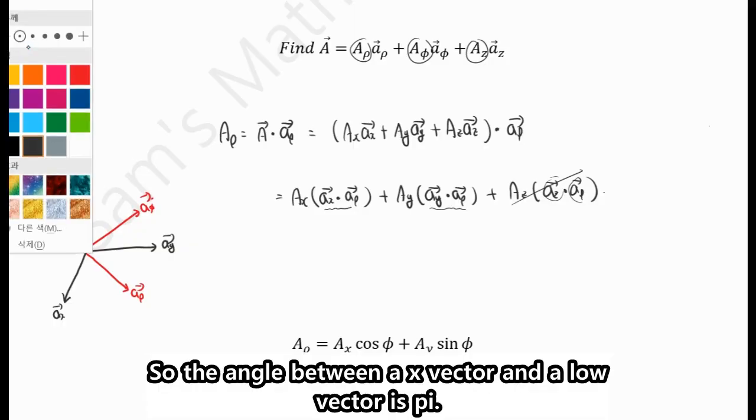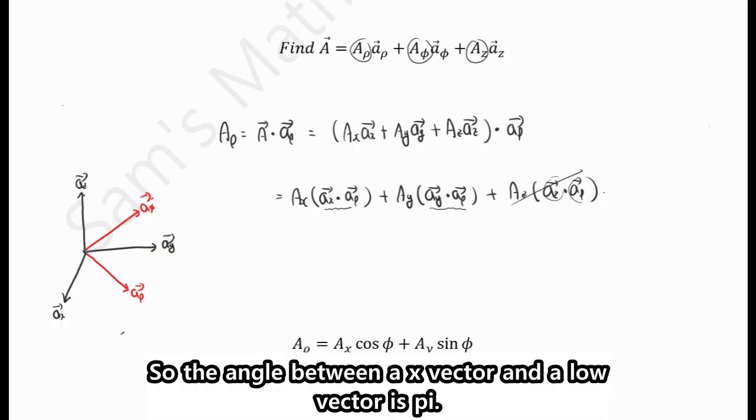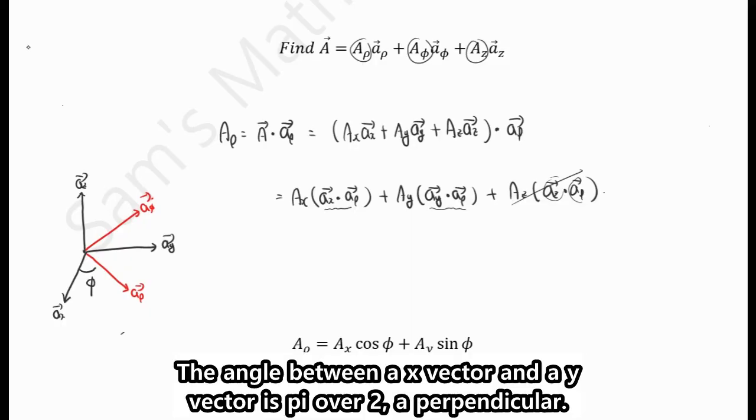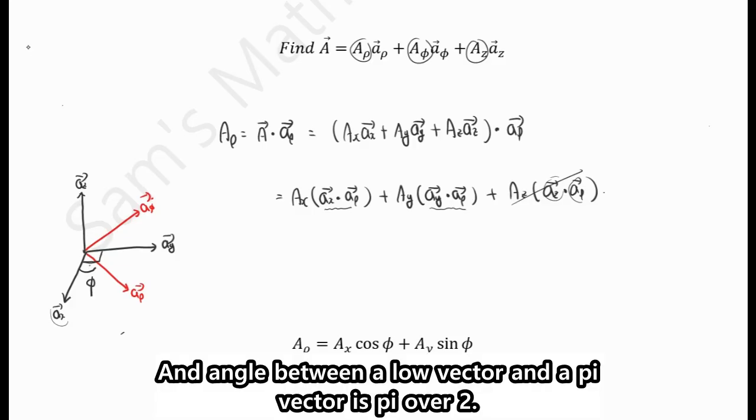The angle between the a_x vector and a_rho vector is phi. The angle between the a_x vector and a_y vector is pi over 2, perpendicular. And the angle between the a_rho vector and a_phi vector is pi over 2.